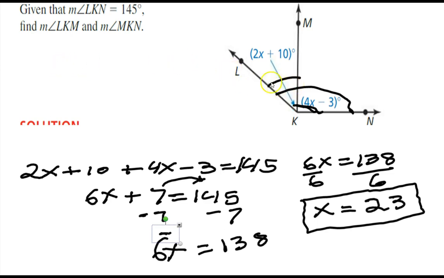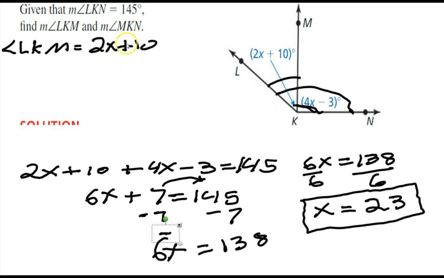What they want is the angle measurement from here to here, the angle measurement for L, K, M. If you remember how to name an angle, you use the 3 points, and the vertex is the one in the middle. So LKM is this measurement here, represented by this expression, 2x plus 10.